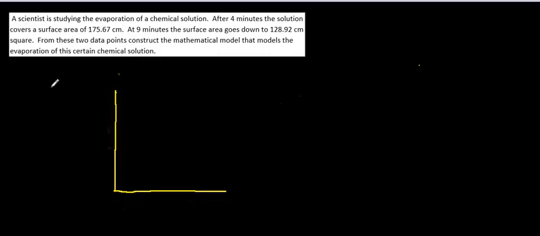So first off, we should identify that from 4 minutes to 9 minutes, it's going down from 175.67 to 128.92 centimeters. Therefore, it should model an exponential decay problem. And one of the first things you should want to do is to label your points. So we know we have 4, 175.67 centimeters.